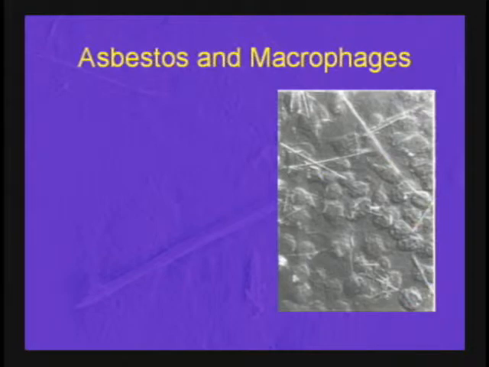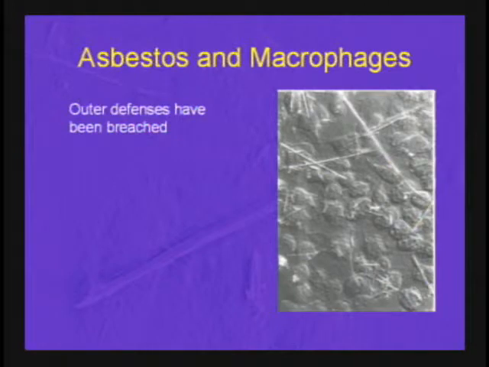Here's a picture now of the white blood cells, or the macrophages, and asbestos fibers. You can almost imagine this as a storming of the castle. The outer defenses, which is the mucociliary escalator, have been breached. And so all these very thin but long asbestos fibers have made it into the air sacs.